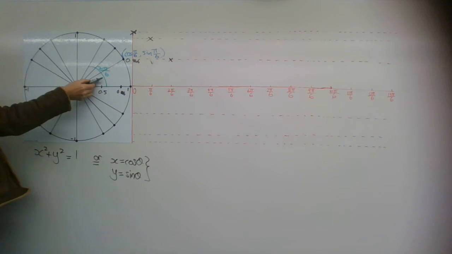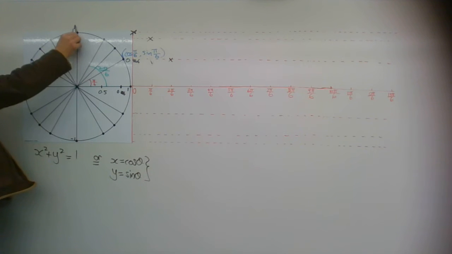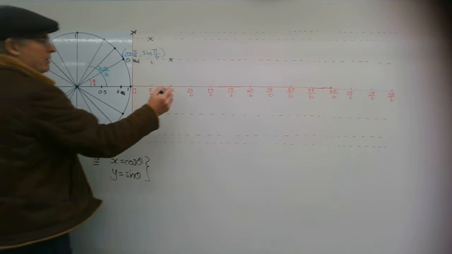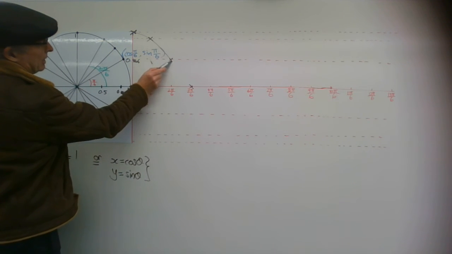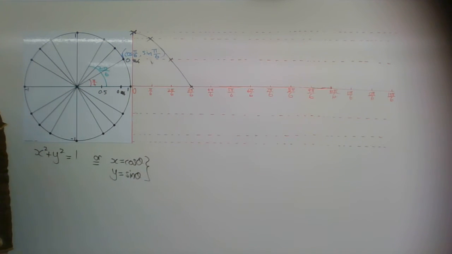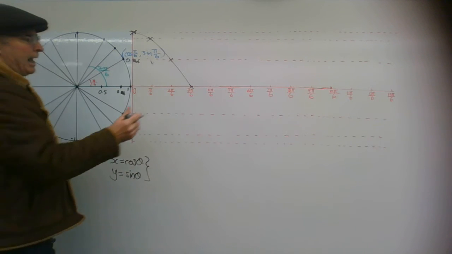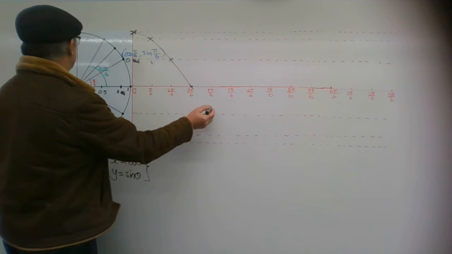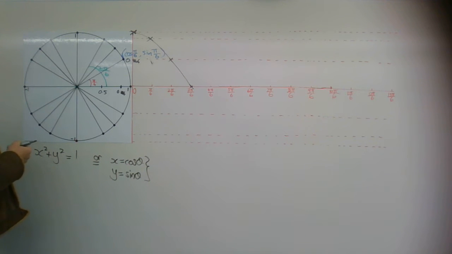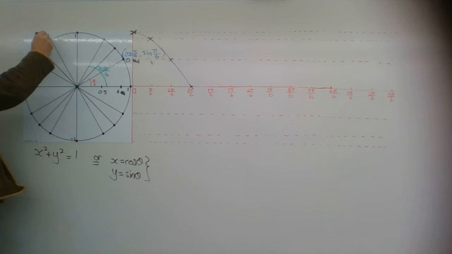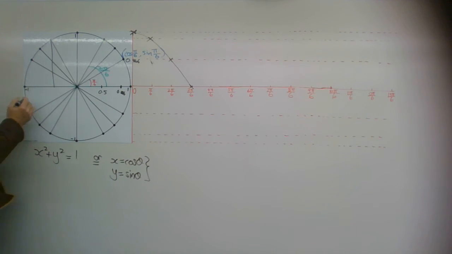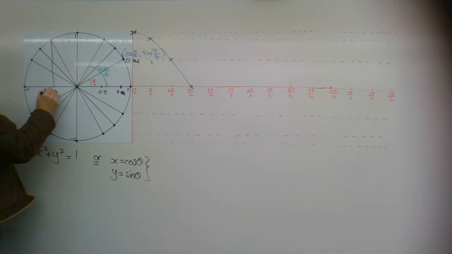And then when I get around to 90 degrees, which is 3 pi on 6, the x value of all coordinates on here would be 0. So you can see that it's heading down like that. At 4 pi on 6, which is 2 pi on 3, so we come around to this point here, cos is at about minus 0.5.